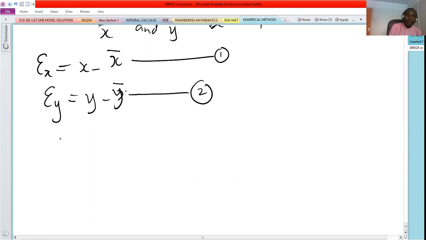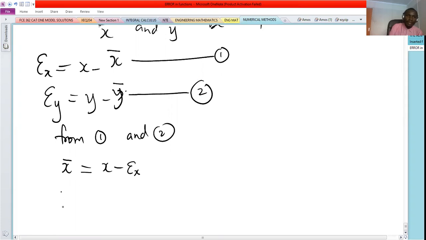So then from 1 and 2 we have approximate value of x is x minus error in x. Approximate value of y is y minus error in y.